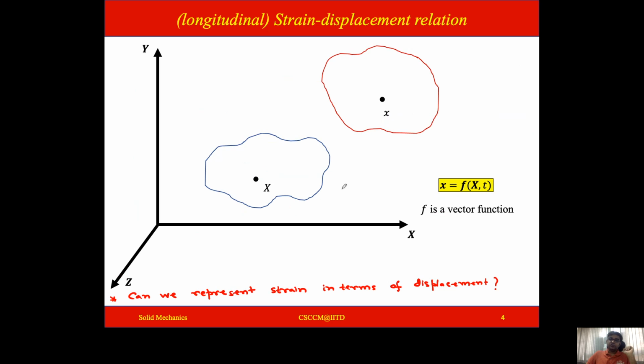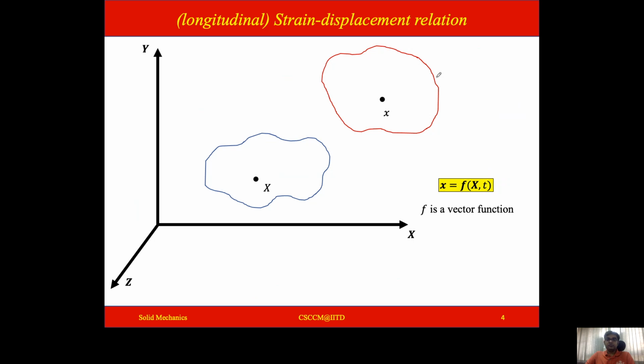So this is what we talk about, f, X and t. This t I did not include because we are not considering a dynamic system in this case, but obviously x is also a function of small t. So at t equal to t, if this is the configuration, at t equal to some other value, this may be the configuration. So obviously x also depends on time t.